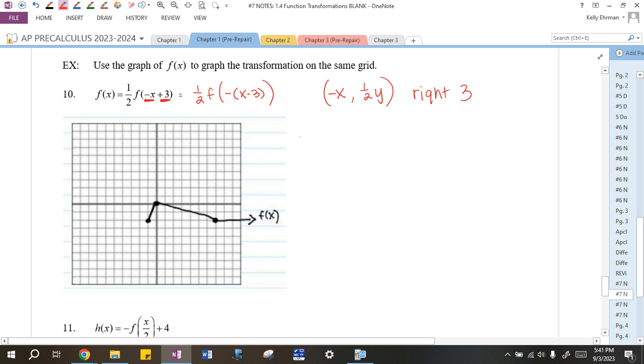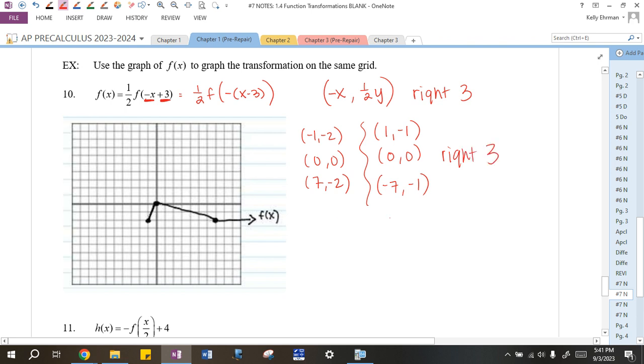You're given a graph. The original points are (-1, -2), (0, 0), and (7, -2). So let's do the math here. This becomes (1, -1), (0, 0), (-7, -1), and then all those points go right 3.